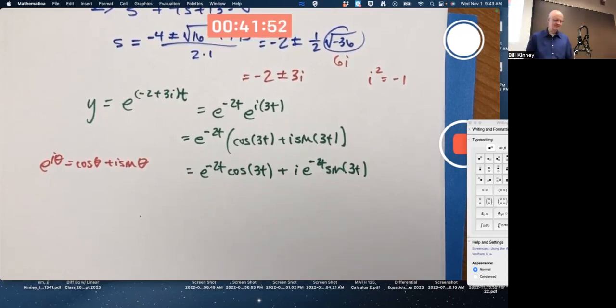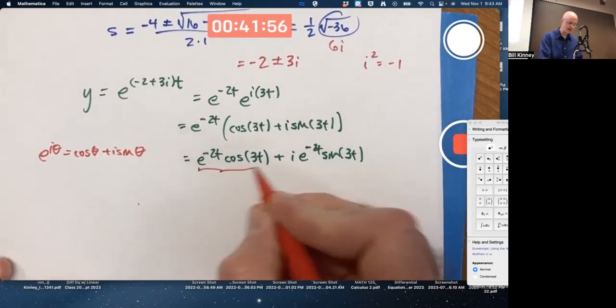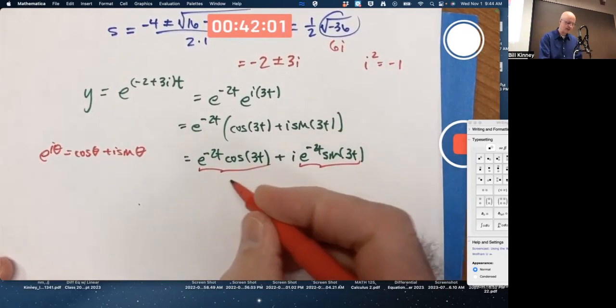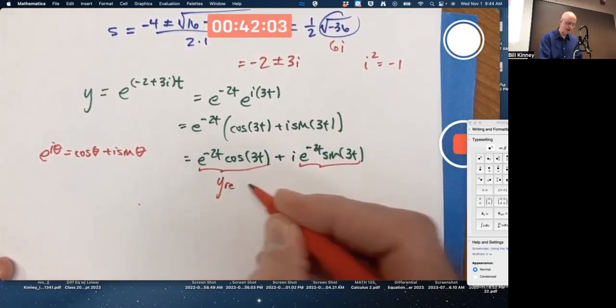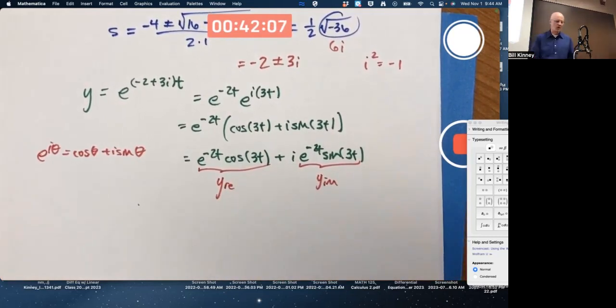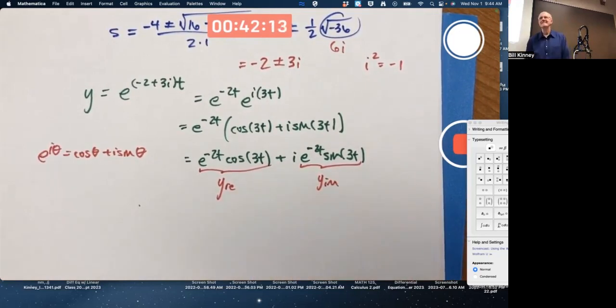Well, we effectively just focus on the things that don't involve an I. This thing and this thing. Give those names. Call this one y sub re and this one y sub im, for real and imaginary part of this complex quantity. But they're there. They exist. I see them.